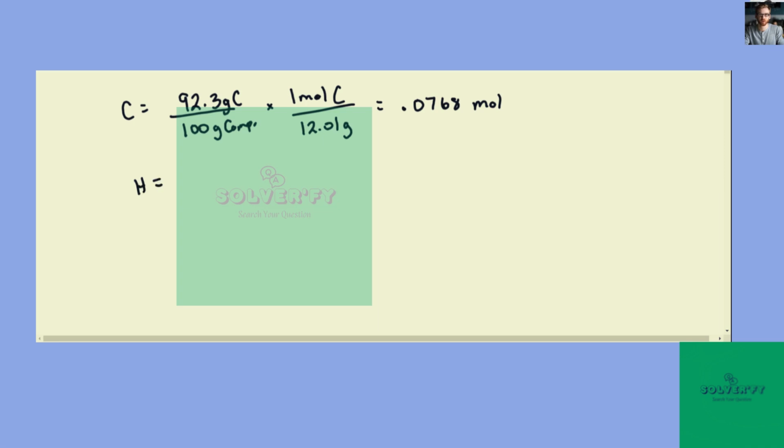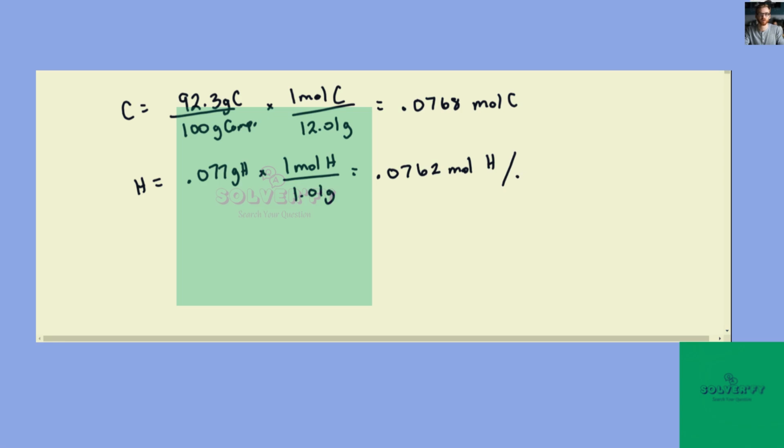The next one is hydrogen. So for hydrogen, I'm going to do 0.077 grams. I just took the 7.7% and divided it by 100. 1 mole of hydrogen is 1.01 grams. This gives me 0.0762 moles of hydrogen. They're both pretty close.